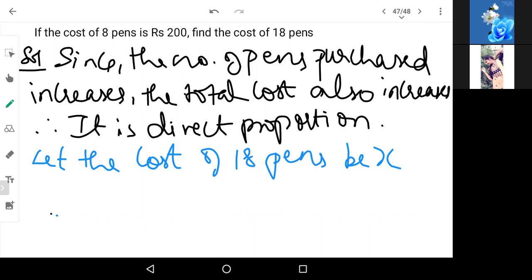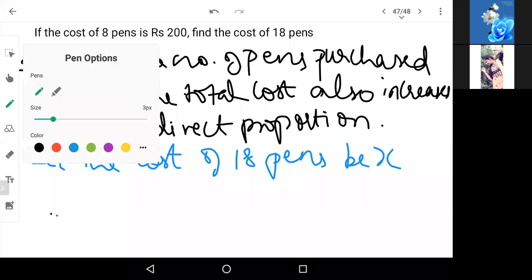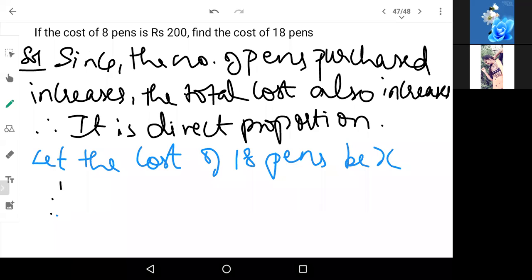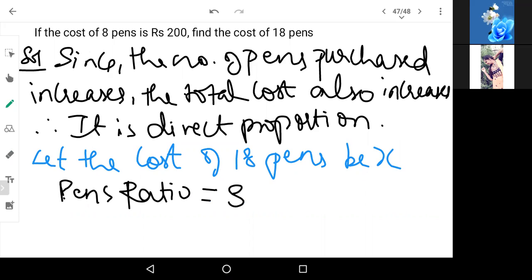We will assume that to be X. Now the first ratio that we will find is among pens. So first will be pens ratio. First we had 8 pens, and then in the second scenario we have 18 pens, right? So pens are in the ratio of 8:18.